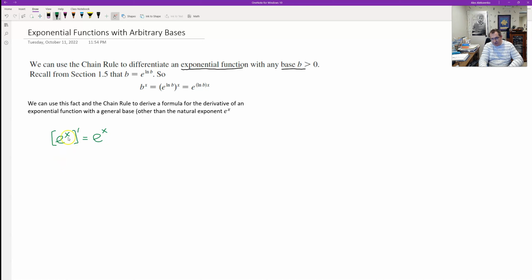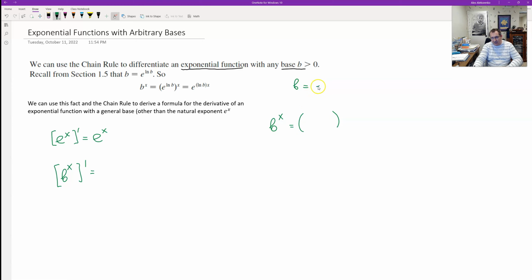So we know how to differentiate e to the x, but we don't know how to differentiate b to the x. So we don't have a formula yet. Well, one of the things that we can notice is that we have certain rules about exponentials. Logarithms and exponentials are inverse functions to each other. So we can take this exponential function, b raised to x, and we can use laws of exponents.